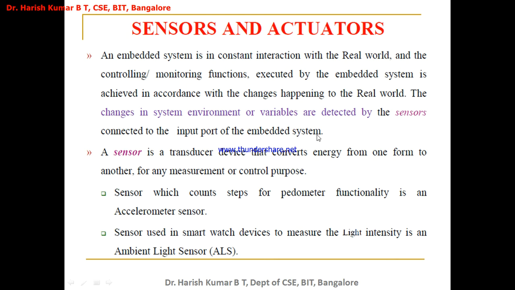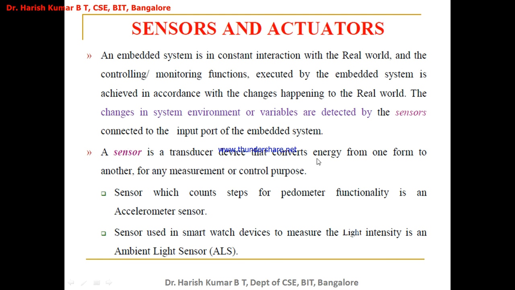The changes that are happening in the real world can be sensed by using the sensors, which we have connected to the input ports of the embedded system. Using the sensors, the embedded system will know what's happening in the real world, and that data is given to the embedded system.